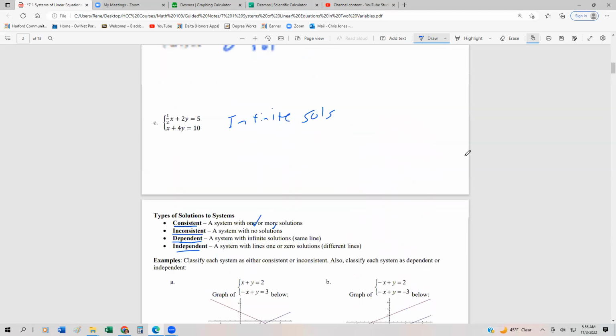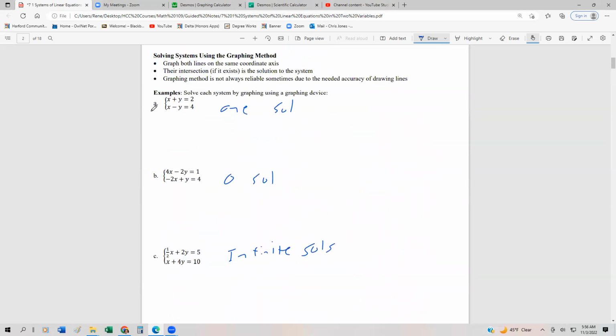Going back, remember we had one solution to this system in the previous video, and so that would be a consistent and independent system. This one is inconsistent but independent.